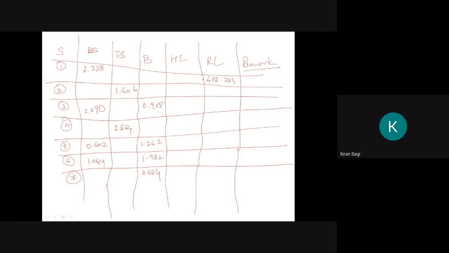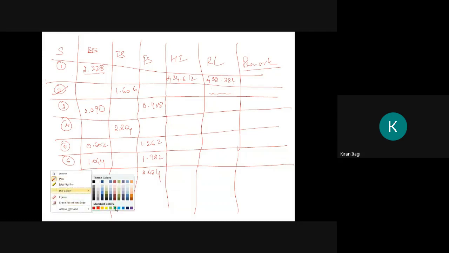Be fast. 432.384 plus backsight 2.228 is 434.612. See, now I have got the height of the instrument. Now I want the RL of station 2. Here I want to determine the RL. How will we find it out?